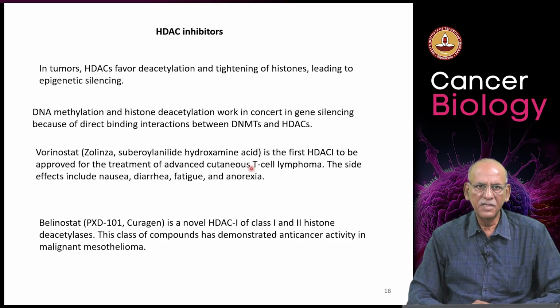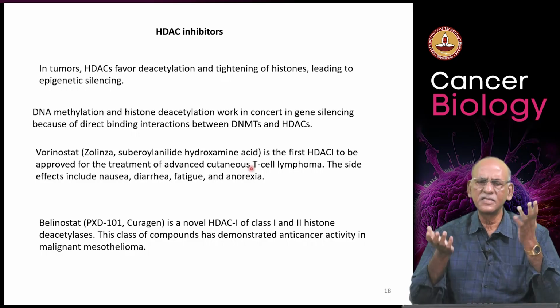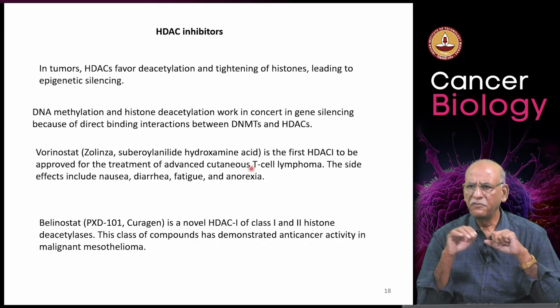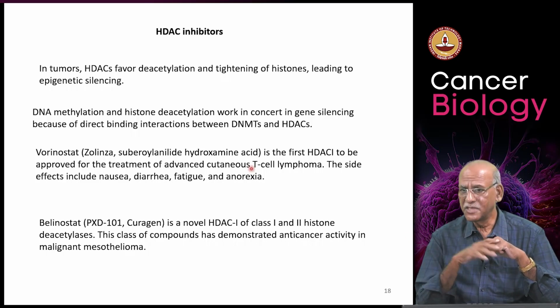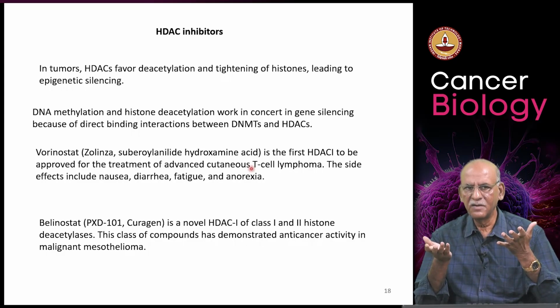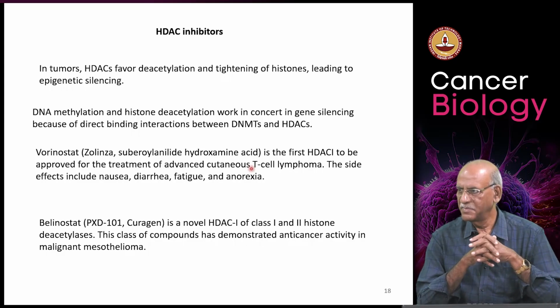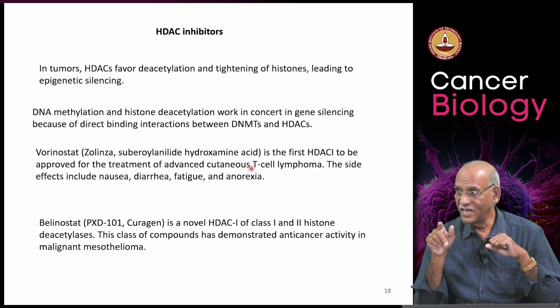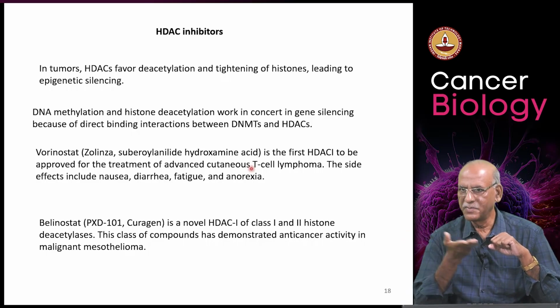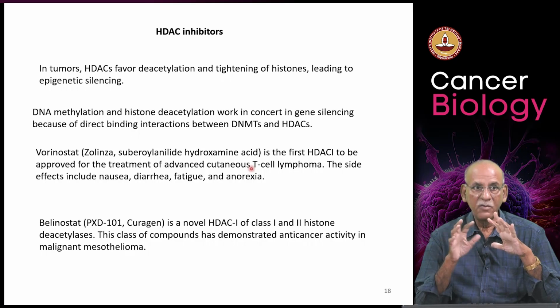So, this epigenetic silencing, see, silencing is a general word. If you silence an oncogene, it is good. If you silence a tumor suppressor, it is not good, because it will aggravate the cancer. So, it all depends on what is getting silenced. So, now you try to understand that there can be a dual role. Depending on these silencers, either microRNAs or epigenetic silencers or whatever, those which silence the gene expression ultimately may have a dual role.